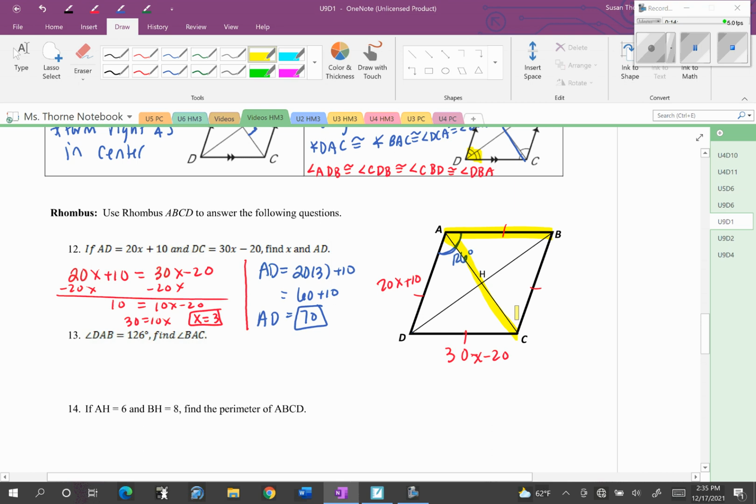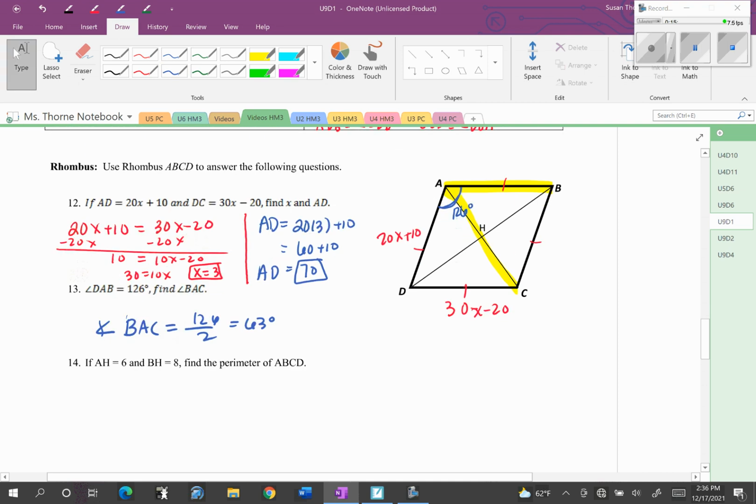So we know that the diagonals are bisecting the angles. So if that's 126 degrees, that means the measure of angle BAC is equal to 126 divided by 2, which is 63 degrees.